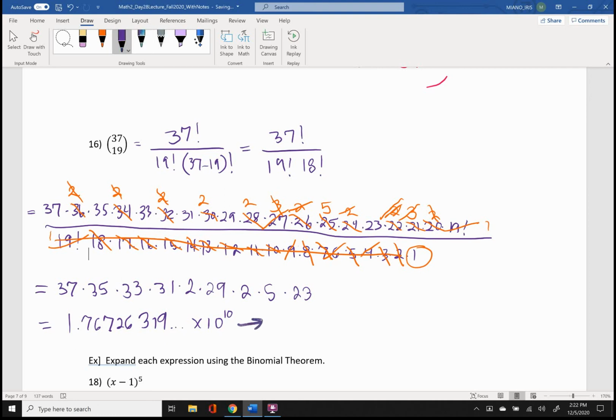If you check this in the back of the book, number 16 that is, let me familiarize myself with what they put. They went 4 sig figs on this: 1.7673 times 10 to the 10th. And that's what they put as the technical final answer.